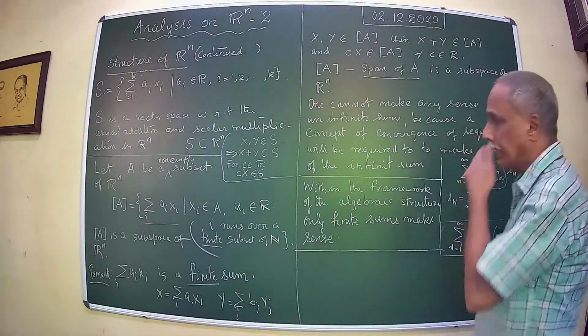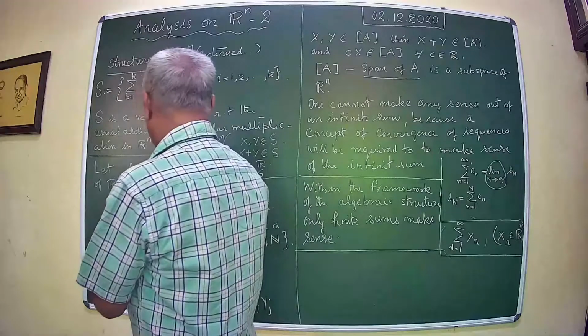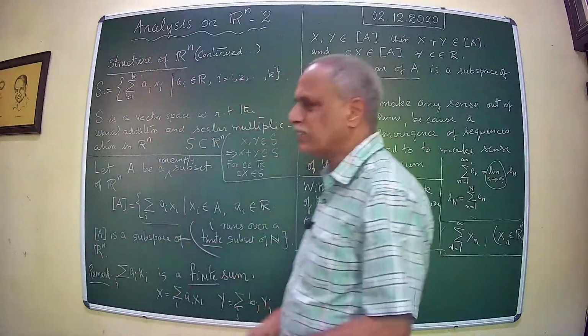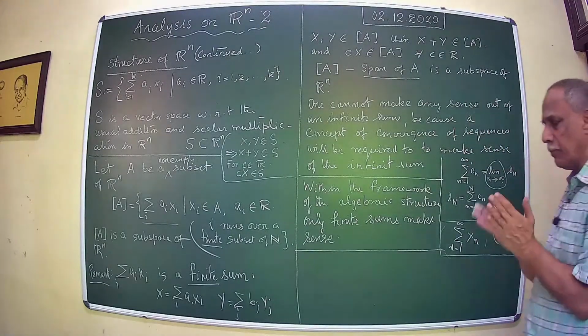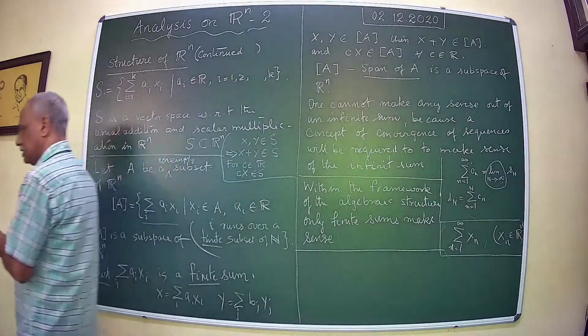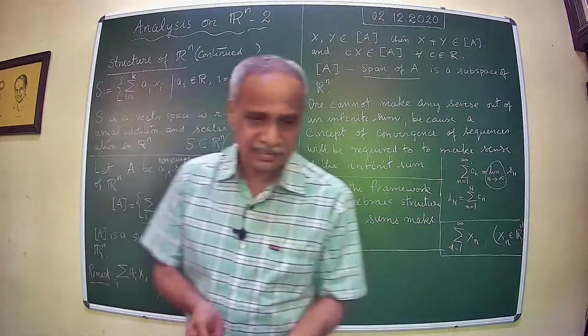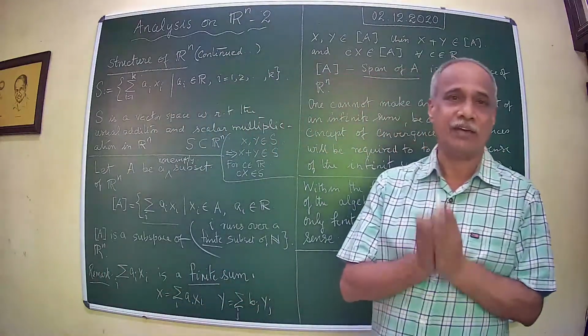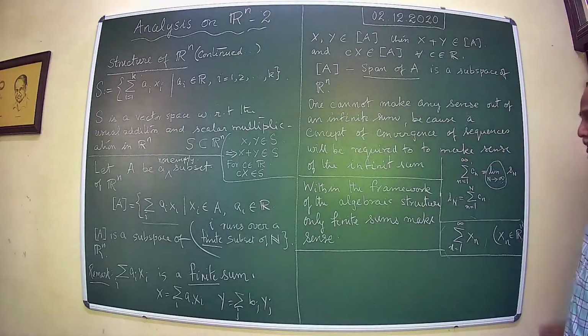So whenever we write sigma a_i x_i, it means you are always talking about a finite sum. So linear combination means finite linear combination. Let us drop that word finite for convenience, but always we mean finite linear combination. So that is to be borne in mind.